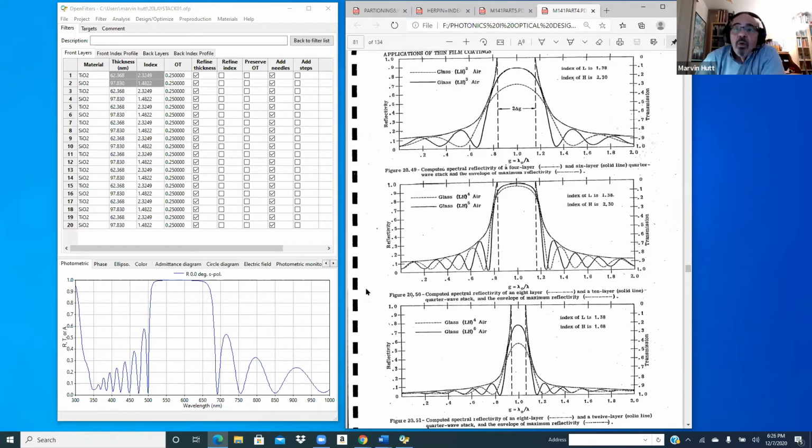Now, when you look at this, remember, over here, we are looking as a function of lambda 0 over lambda, so that we don't have to specify where this structure is in the spectrum.